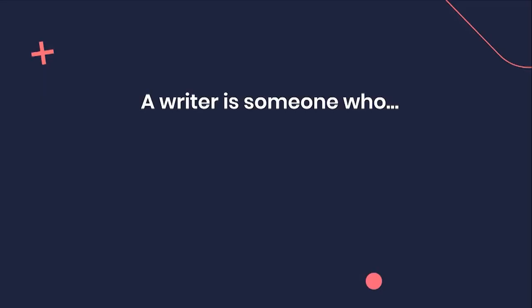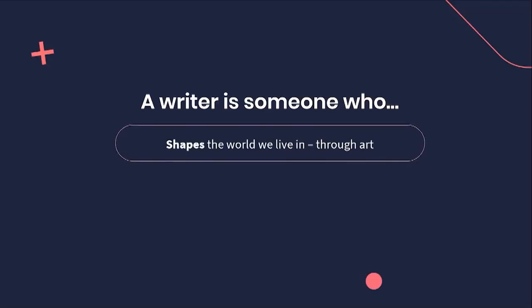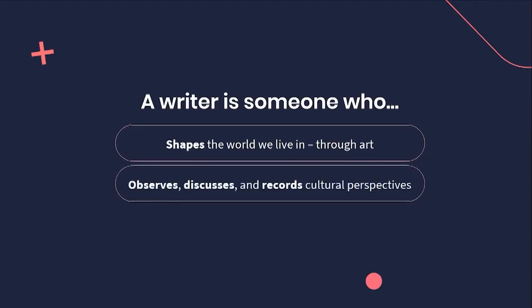Well, a writer is someone who seeks to shape the world we live in through the art they create by virtue of what they put out into the world. A writer is also someone who seeks to observe, discuss, and record cultural perspectives, who looks at the world and notes the things that they find interesting, takes those things to discussion tables to really understand which dialectics are at work, and then records those cultural perspectives that they think are deserving of preservation for posterity.